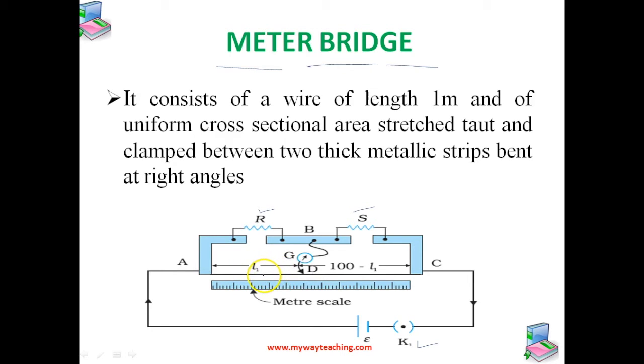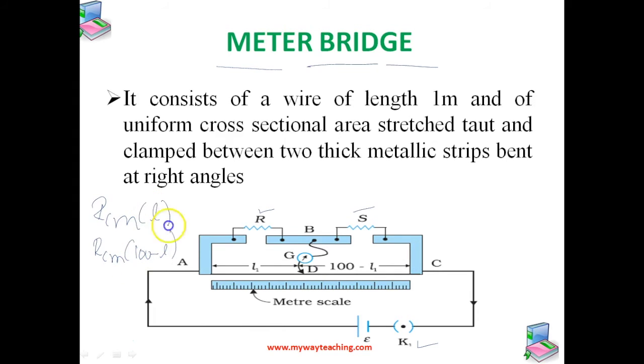And this jockey can be moved along this wire. The portion AD of the wire has a resistance R_cm L, where R_cm is the resistance of the wire per unit centimeter. And the portion DC of the wire has a resistance R_cm (100 minus L).